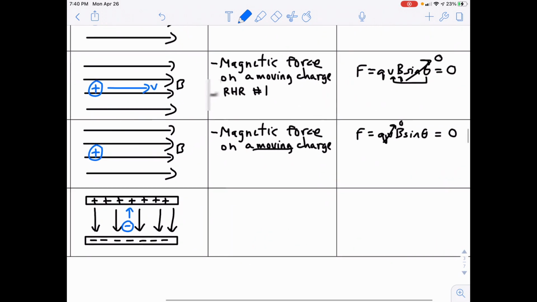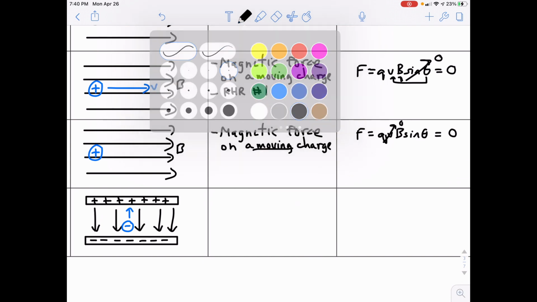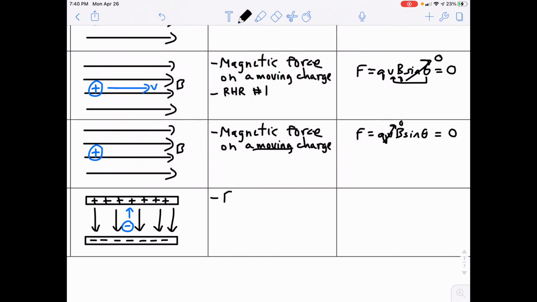And the possible concepts that would go with a scenario like this would, of course, be electric field. We need to know something about it. You need to know that this is a uniform electric field. So it doesn't matter if the particle is here, here, here, or right up against the plate. Anywhere in there, you're going to experience the same electric field. It's constant. Electric force is obviously a concept because force is charge times field.